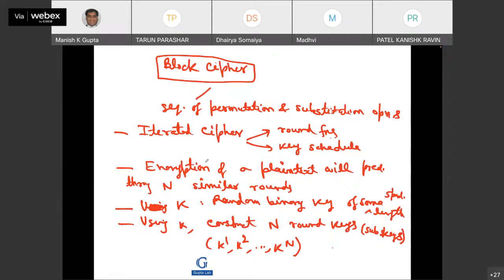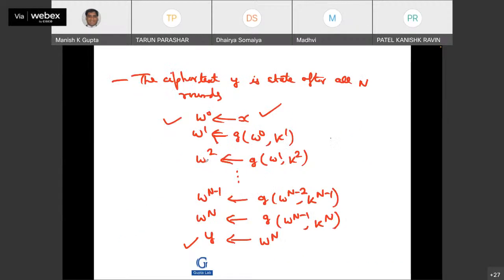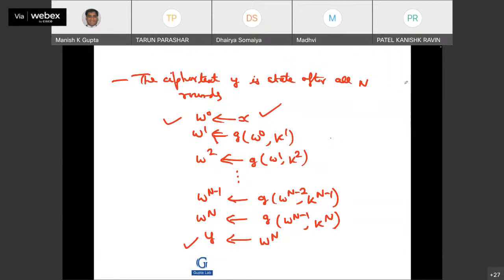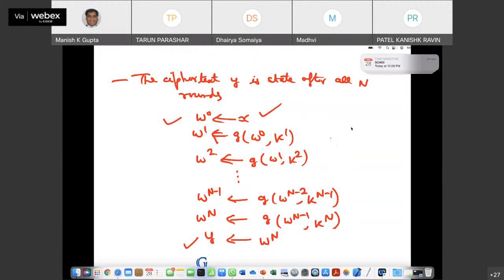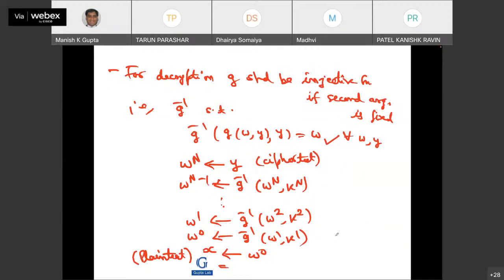Using one key, we generate a key schedule to do encoding. Here X is our plain text, and Y is our cipher text, with so many rounds of functions. From here to here, we have all these round functions.